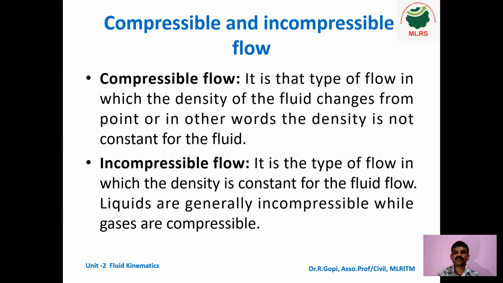If you compress the liquid, initially it has one density, suppose initially 800 kg per meter cube. After compressing, it will become 1000 kg per meter cube. So density changes when it compresses. That type of flow is compressible flow.